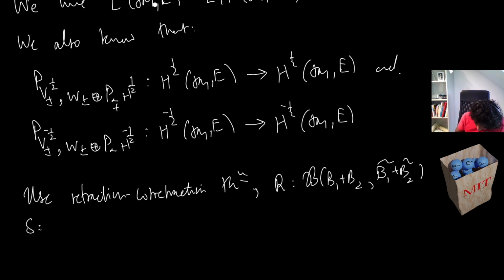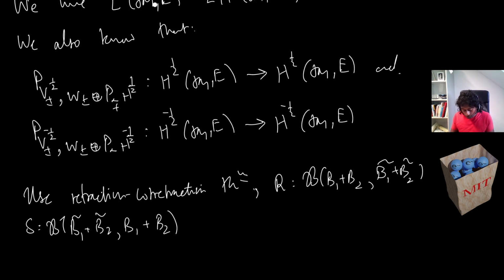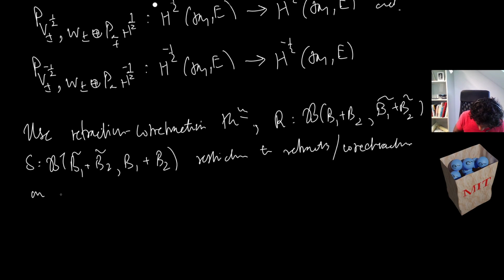And S, the co-retraction to the retraction, takes us from B1 tilde plus B2 tilde to B1 plus B2, restricting to retractions and co-retractions on Bi, so boundedly from Bi to Bi tilde and Bi tilde to Bi respectively.